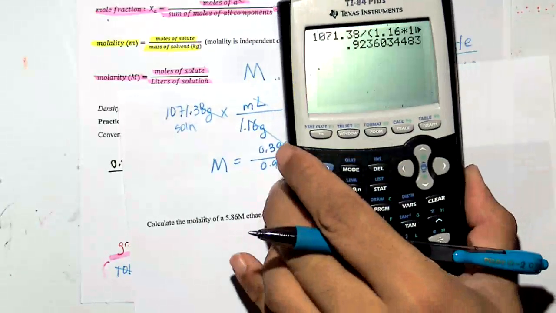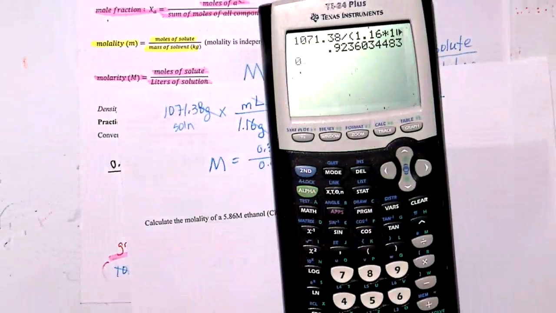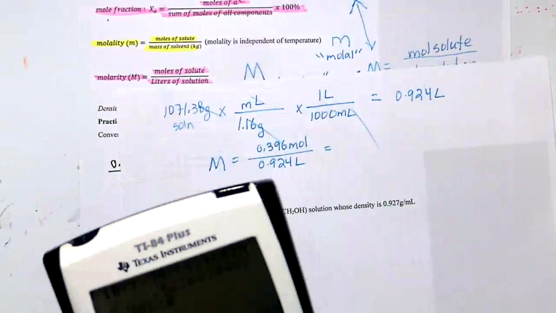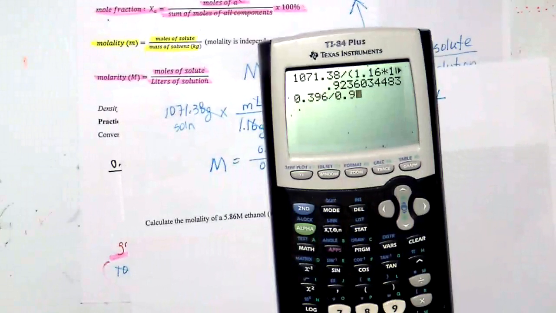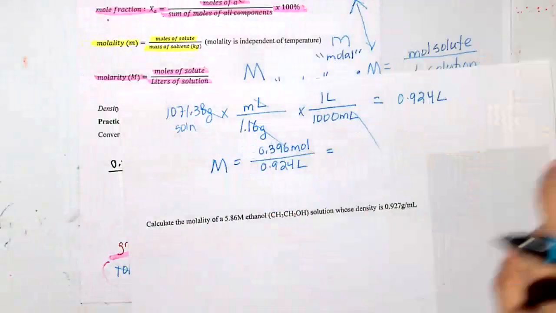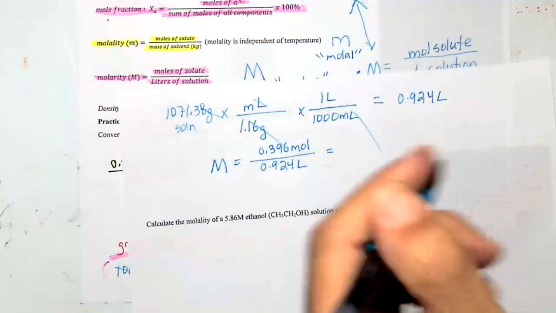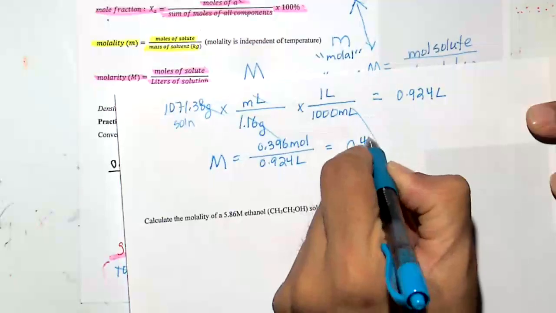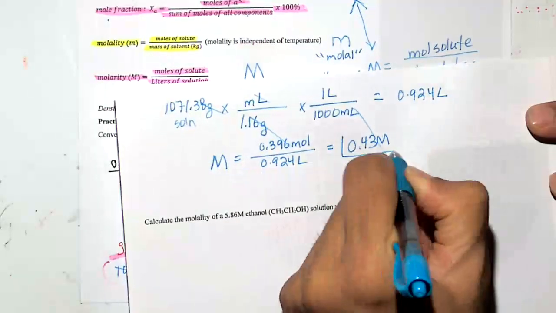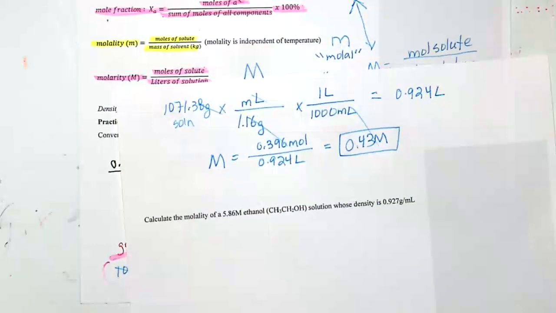Okay, what do we get when we do that? 0.43 big M. Okay. And this is the answer, 0.43 big M.